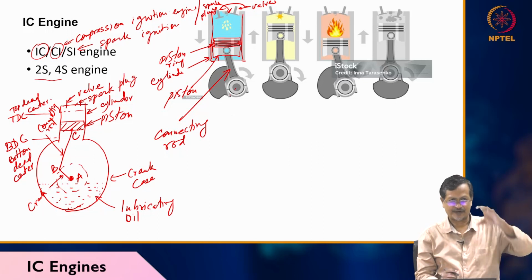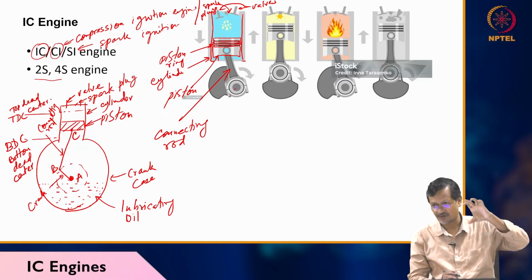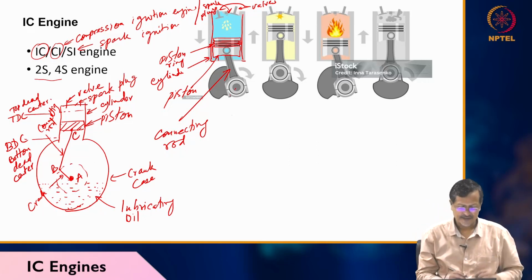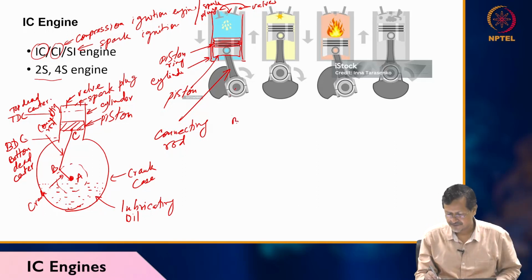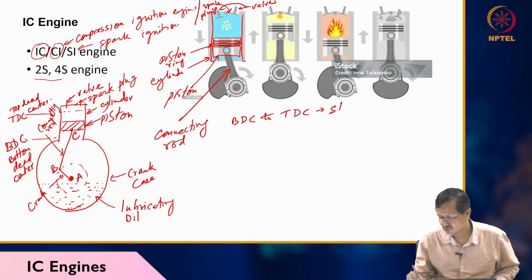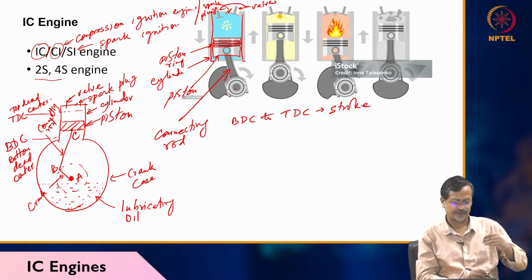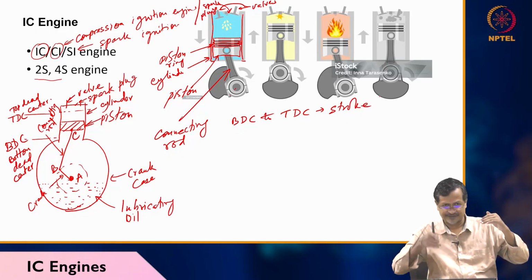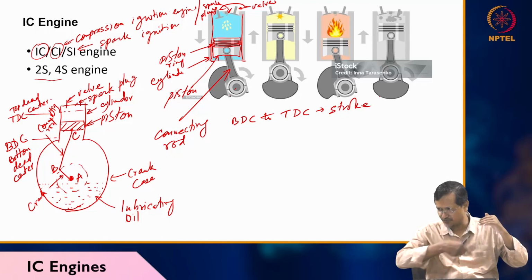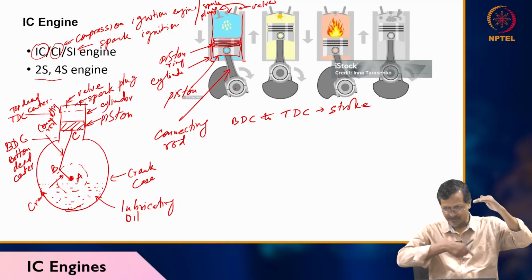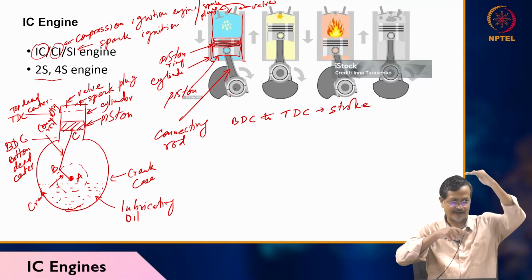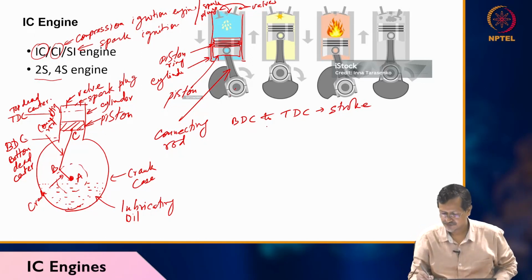The maximum distance it moves up and down is called stroke. How much distance will it move from top dead center to bottom dead center? BDC to TDC is the stroke. For one complete crank rotation, 360-degree rotation, my piston will be moving upstroke, downstroke. Crank 360-degree, piston moving up and down.